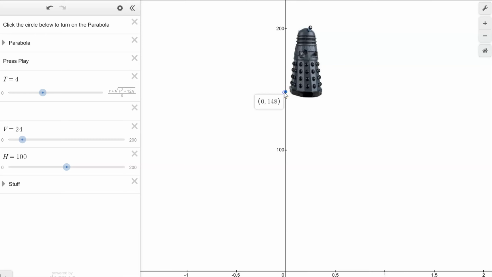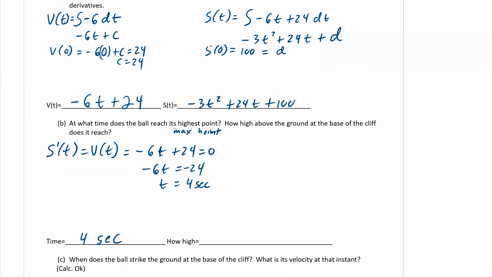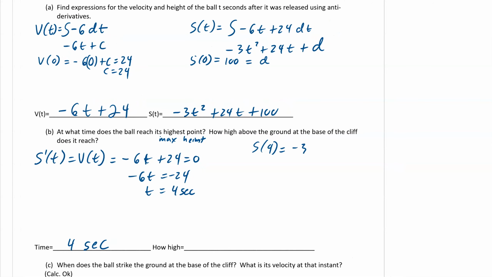And what is our max height at 4 seconds? 148 feet. But remember, these are critical points that we're looking for, so what we still need to do is plug 4 in to find out what the height was at 4. Negative 3 times 4 squared plus 24 times 4 plus 100 gives us 148 feet.